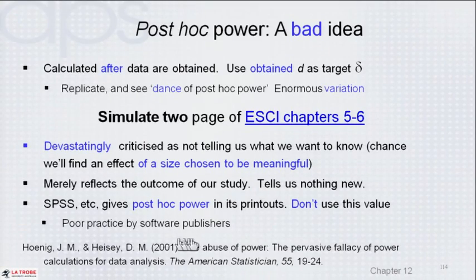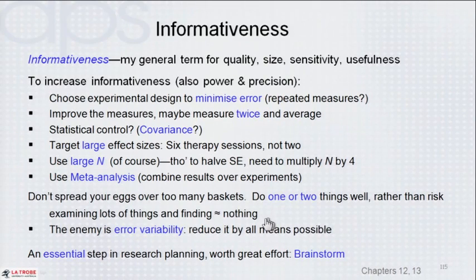And if the software has come to you and said, well, look, I'll calculate your power if you like, but you've got to tell me what target effect size you need, and then you type it in and it says, okay, in that case power is so-and-so, that's fine. But if you get power without some clear statement of what the target effect size is, alas, there's a fair chance you'll be given post hoc power. And that is a real cop-out by software publishers, so be alert to it and never use post hoc power.